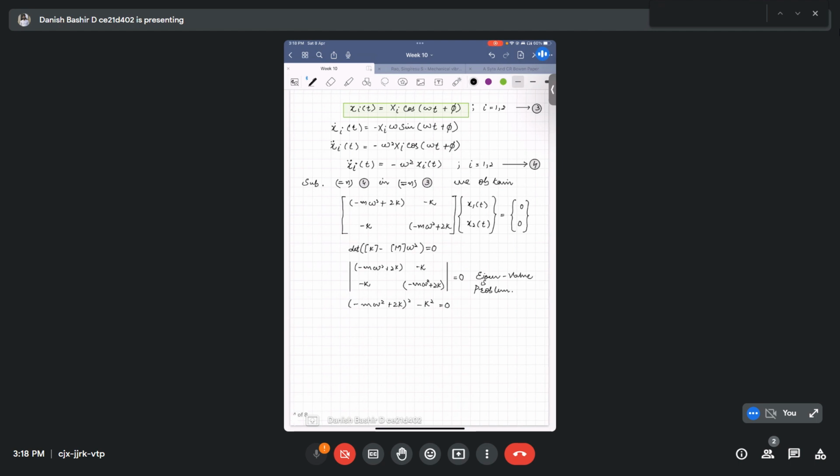When we expand this, we have m square omega power 4 minus 4km omega square plus 3k square is equal to 0. So we have this equation 5.